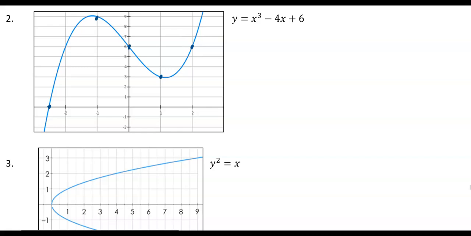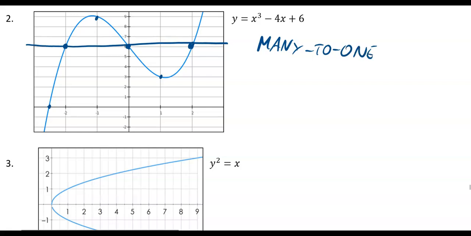But if you were to draw a line across, you can see there are multiple things which go to a y value of, say, 6. So it really is a many to 1. If you draw a line across, you can see there's multiple things go to the same y value, so it's a many to 1.